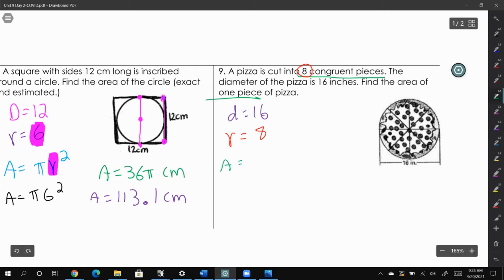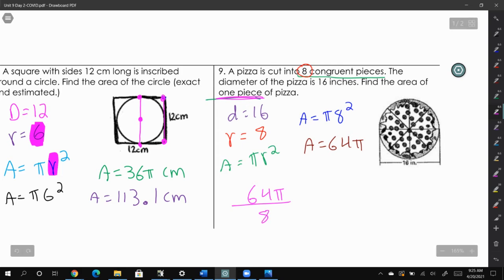So area equals pi times r squared. R is 8. So area equals pi times 8 squared, or area equals 64 pi. And then to get the area of one of these slices, we're going to do 64 pi and divide it by 8. And you may say, well, can we deal with the pi before or after? I want to deal with it after.